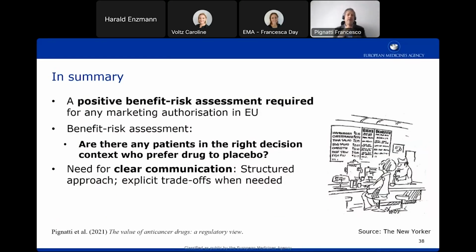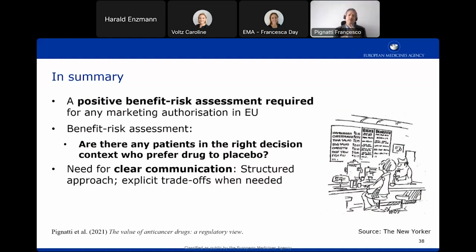I think if there are three things you want to take home from this, is that a positive benefit-risk assessment is required for any marketing authorization in the EU. This means most of the time answering the question, are there any patients in the right decision context who prefer drug to placebo?